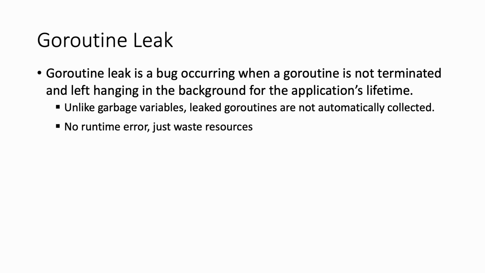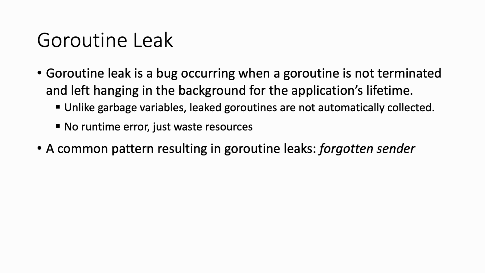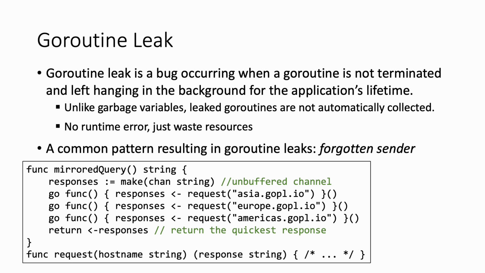Note that just like garbage variables, leaked goroutines don't cause a runtime error, but they waste resources, especially in a realistic application. A common pattern resulting in goroutine leaks is the forgotten sender, as shown in the following example. This application makes a parallel request to three mirrors, that is, equivalent websites on geographically distributed servers.